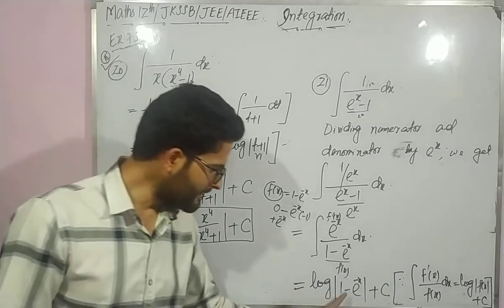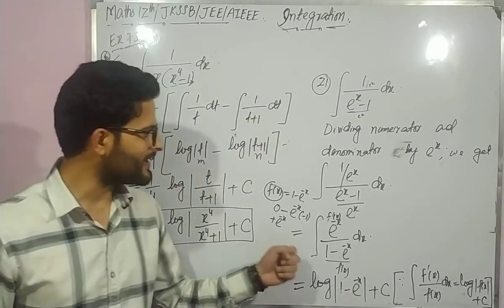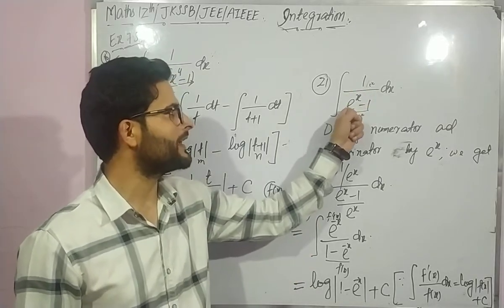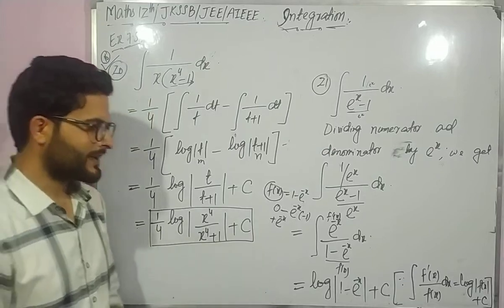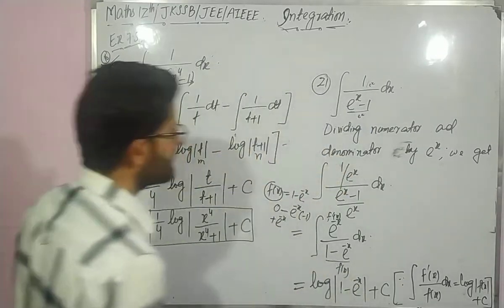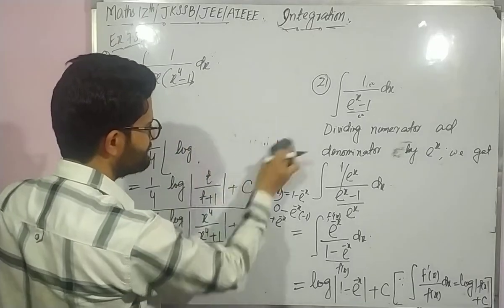So log of mod of 1 minus e raised to the power minus x plus c is nothing but the antiderivative of 1 divided by e power x minus 1 into dx. Take out the screenshot if you want to pen down it. So it is all about question number 21.